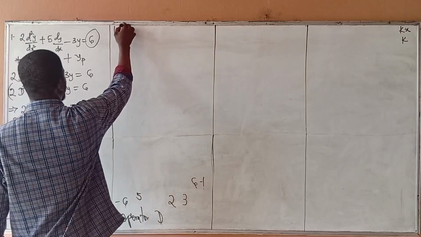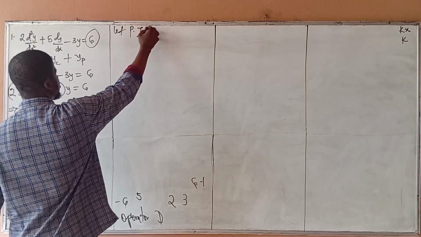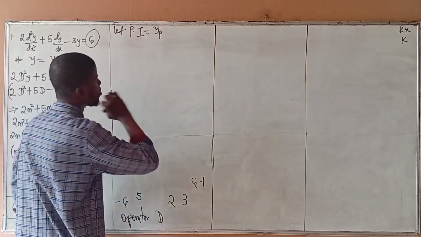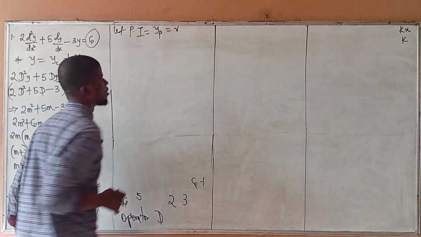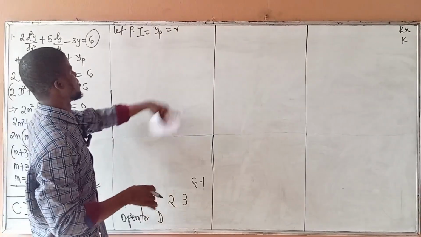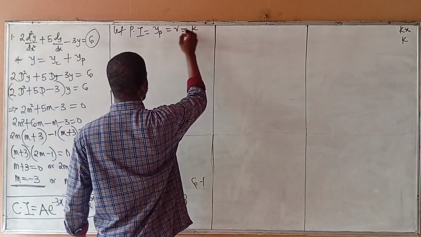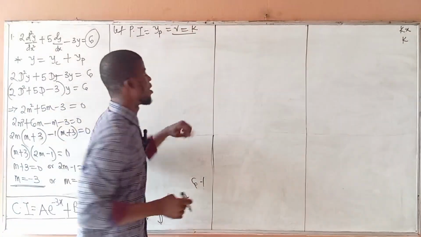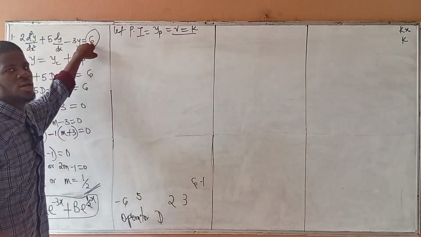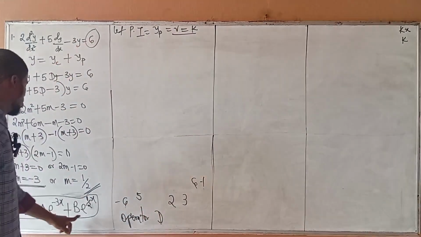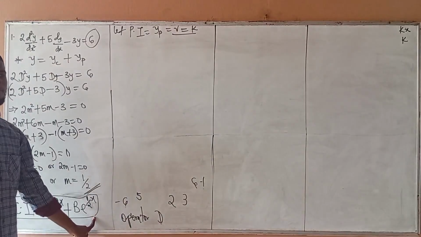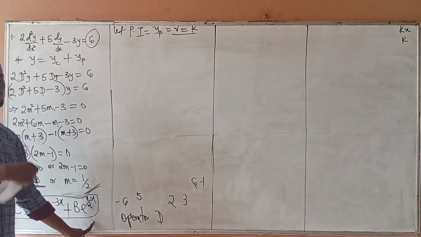So let the particular integral, yp, which I will call v, be equal to k. You know why we're using k, right? Because it's a constant here, and this does not contain a constant added to it or subtracted.